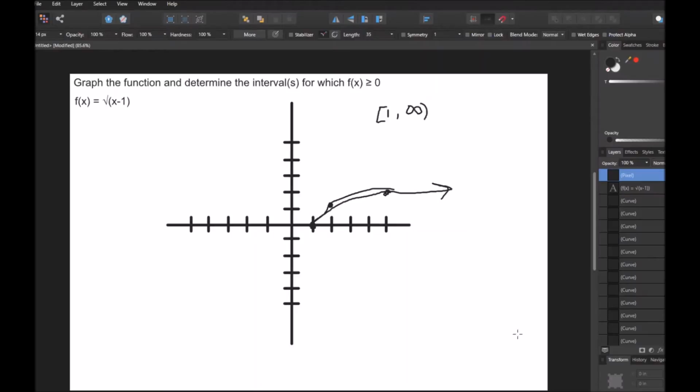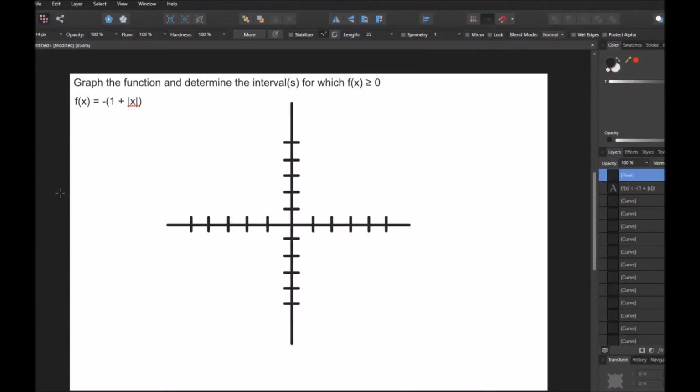So for example, if we pick x equals 10, then that's the square root of 9, which would be 3. If we pick x equals 145, 145 minus 1 is 144, and the square root of that is 12. So it would just keep going up and up and up. So my answer is 1 to infinity.